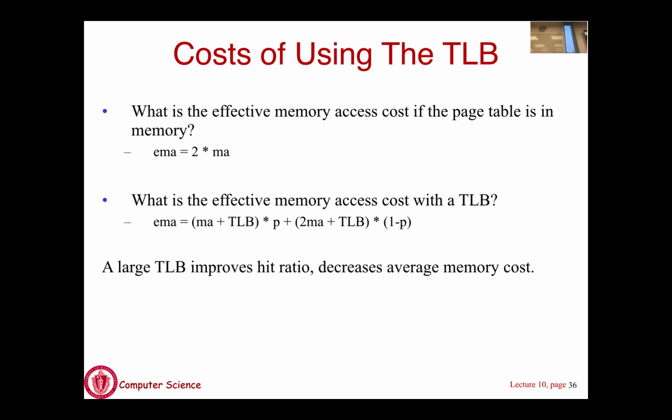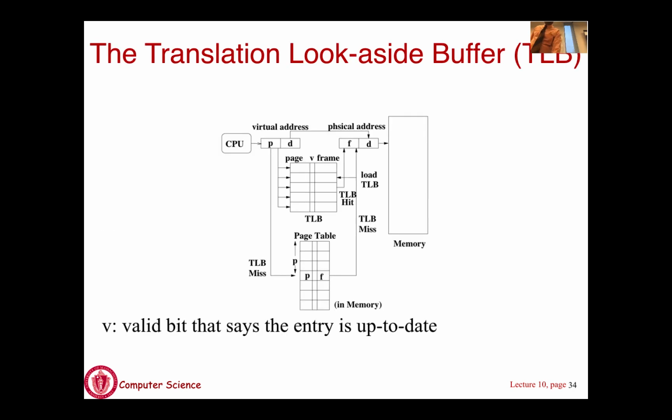Just having a doubt about the page table. When a process requires a certain memory, we look at the page table, and if that's a TLB miss, how do we get the address for the page table itself? How do we know where it is stored? Okay, question: how do you know the address of the page table? The address of the page table is going to be tracked by the OS.